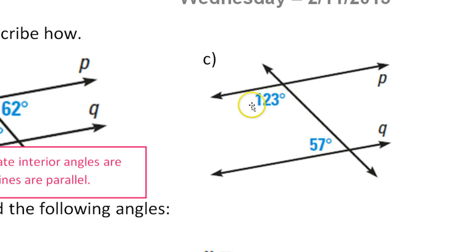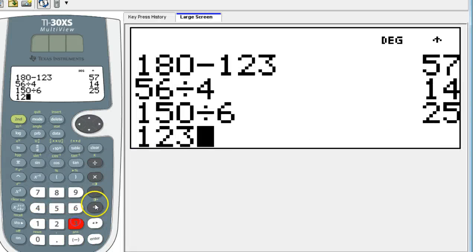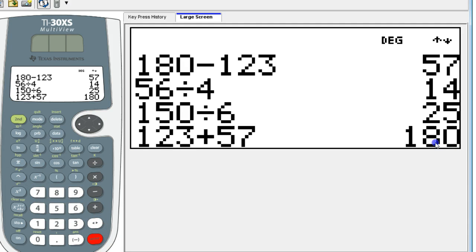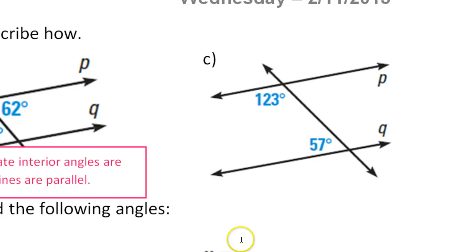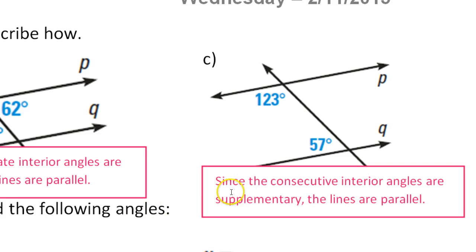Are these supplementary? 123 plus 57? They are supplementary. They add up to 180 degrees. So, we write, since the consecutive interior angles are supplementary, the lines are parallel.